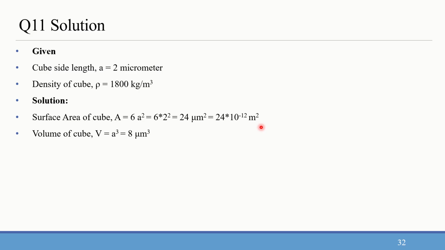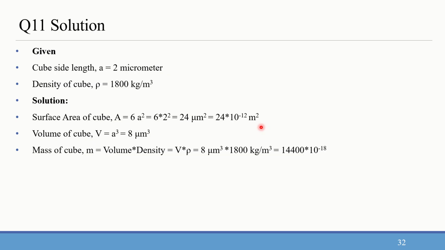Volume of cube is 8 micrometer cube, and mass is volume into density, so 8 into 1800, and converting micrometer cube to meter cube gives 10 power minus 18.